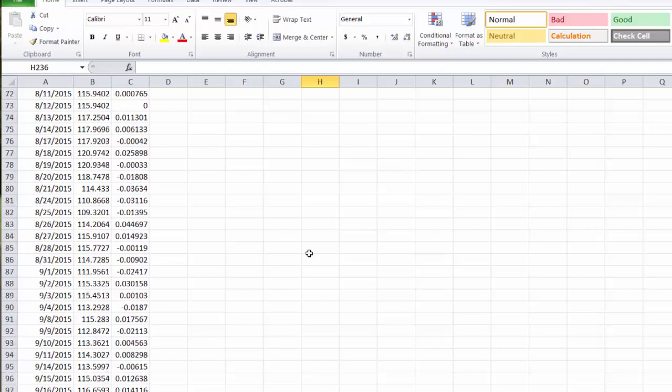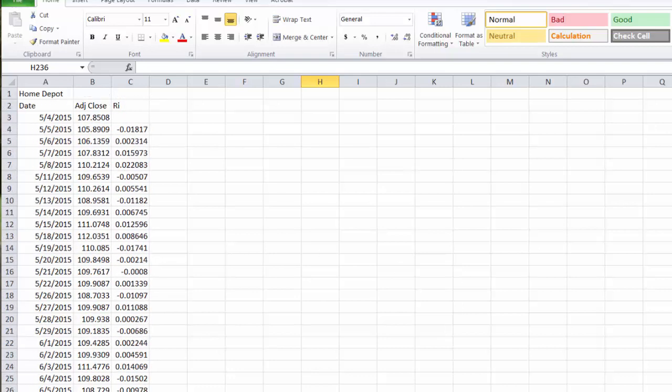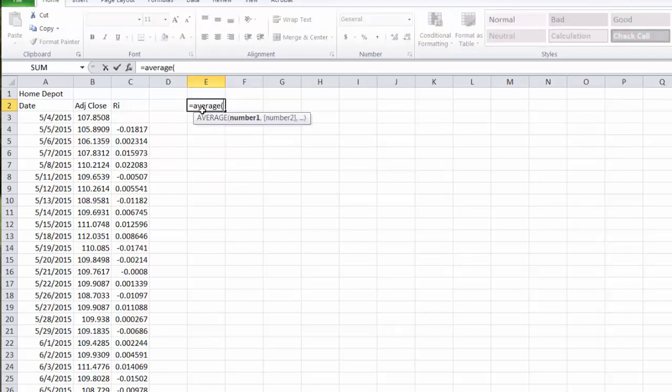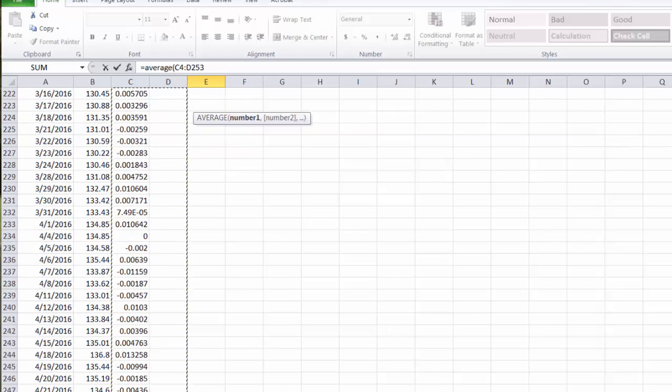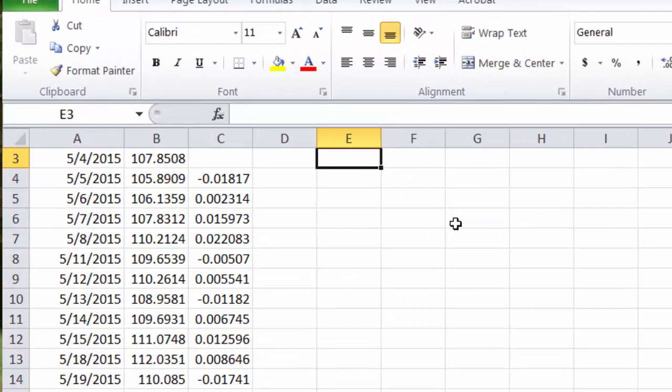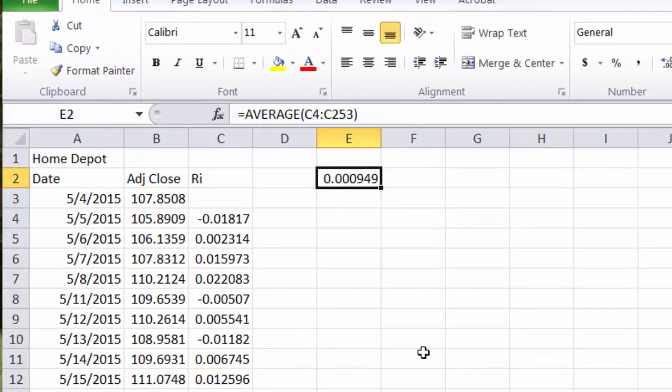Okay, let's figure out what that average is. Taking the average of these returns. Judging from the graph, I think it's going to be a positive number because generally the thing was drifting up. Yes, so on average, that's the average return per day.